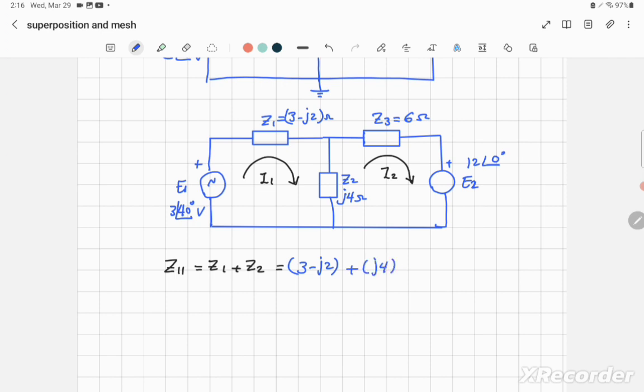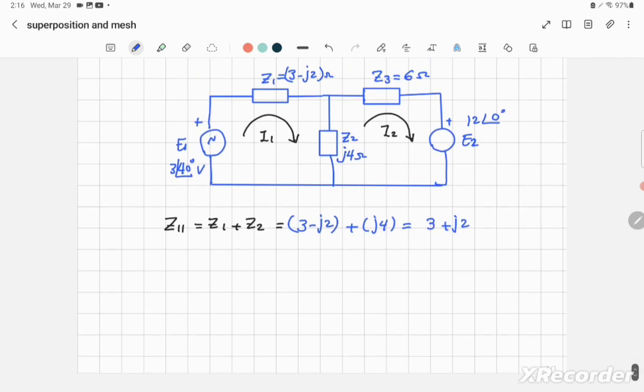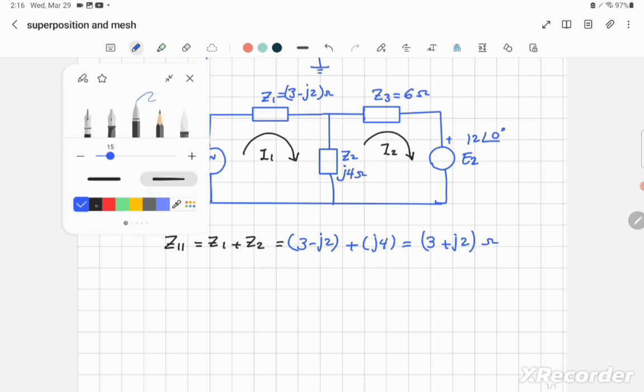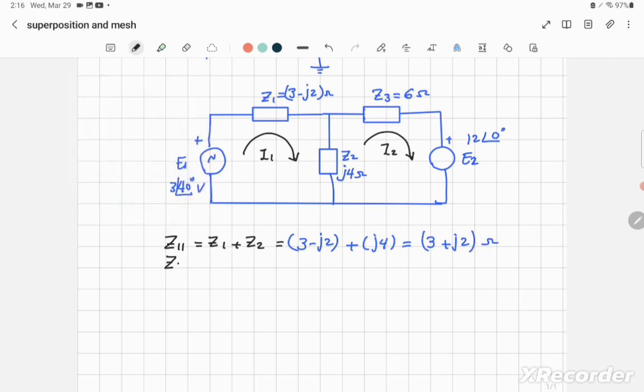I add the real with the real, which is 3, minus j2 plus j4 is equal to plus j2 ohm. So I got Z11. Now I get the other self-impedance, Z22, which equals Z3 plus Z2, because that's loop 2. You have only Z3 and Z2, so you add them. Don't change the sign, just add them.